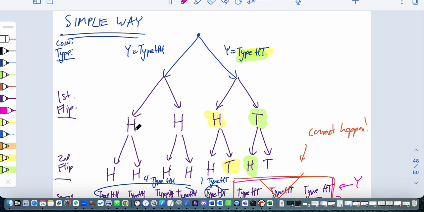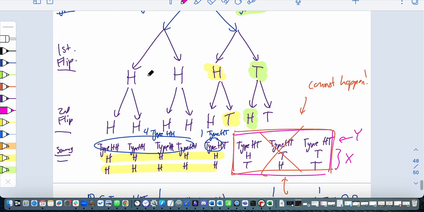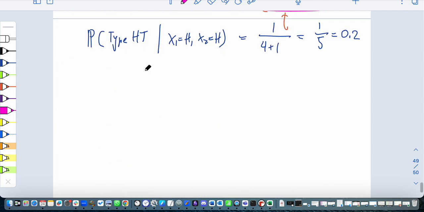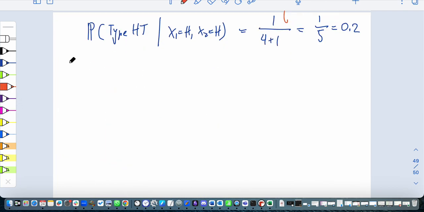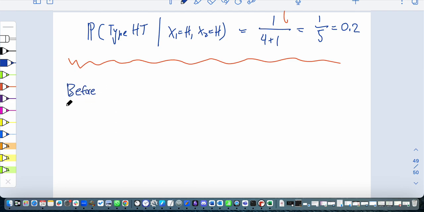So let's see what happens if we just look at Bayes' theorem. Same problem again, we should get 1/5 as the answer. Let's do it with Bayes' theorem. So before, this was the probability of type heads, tails, given x1 is just heads, just given one thing. We came up with this calculation, and this was Bayes' theorem.